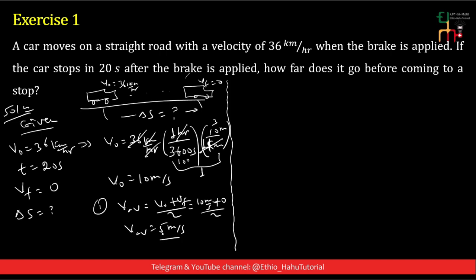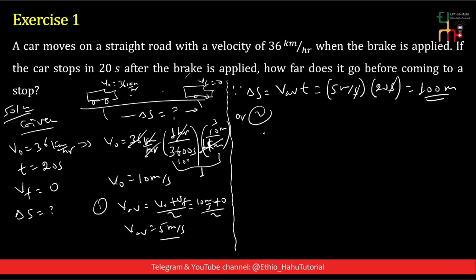V average is 5 meters per second. Therefore, distance is equal to V average times time. V average is 5 meters per second times time is 20 seconds. Second goes with second. 5 times 20, 100 meter.